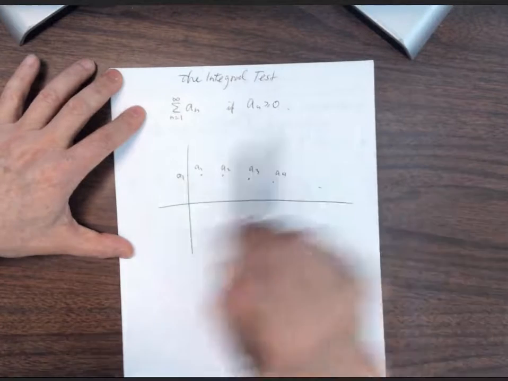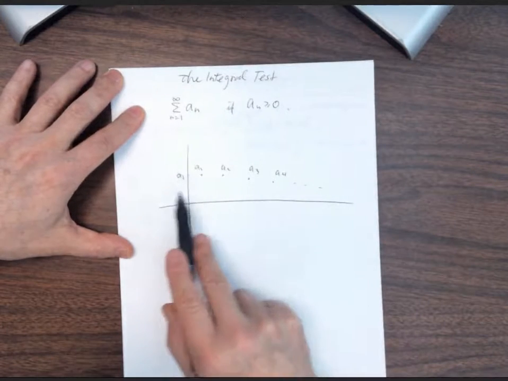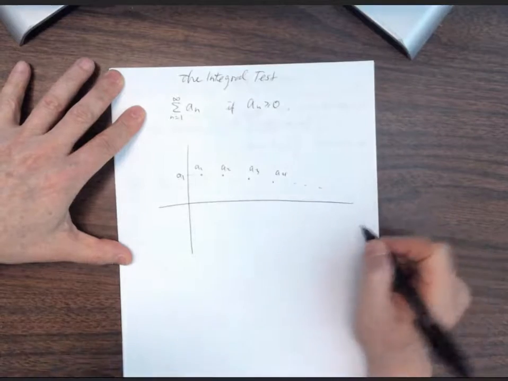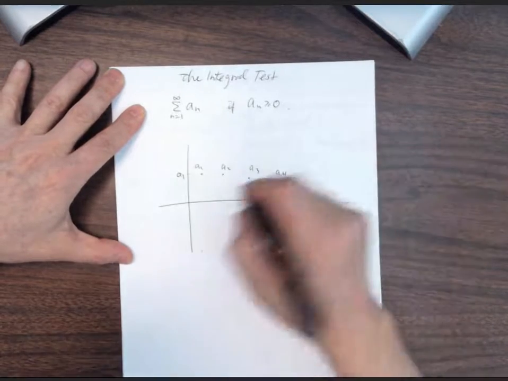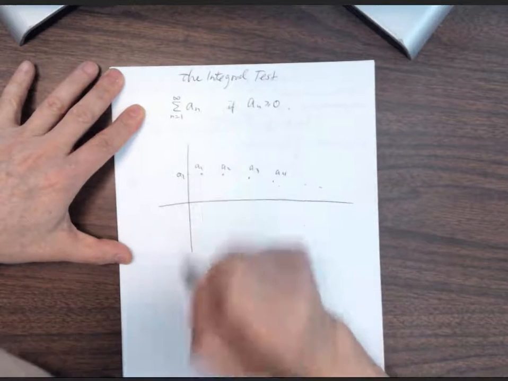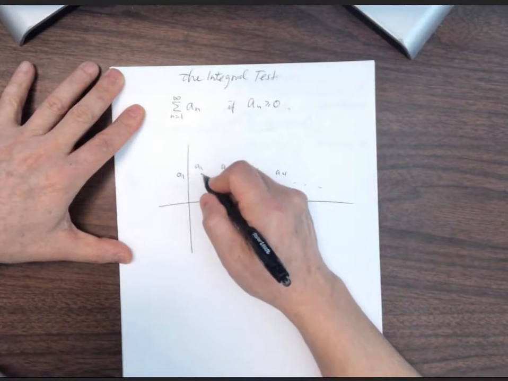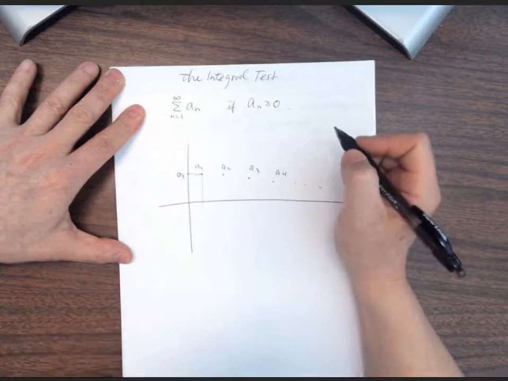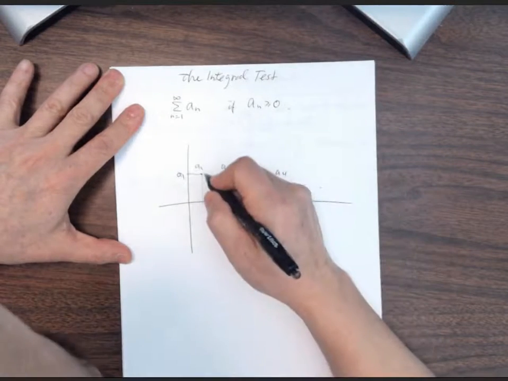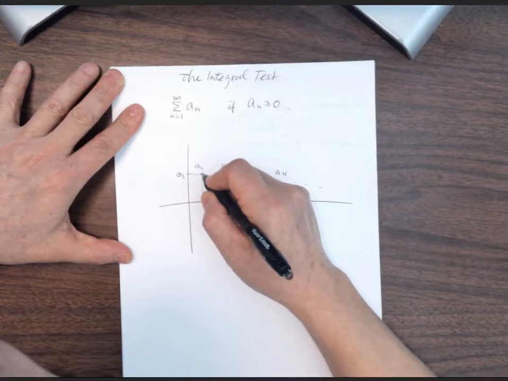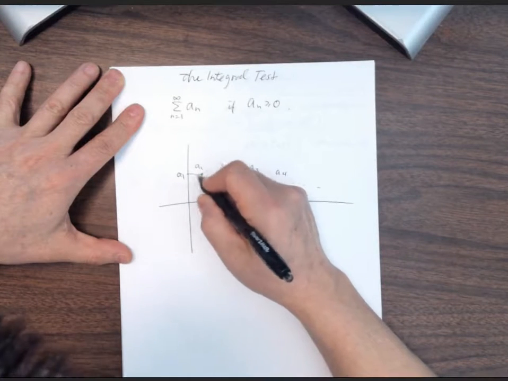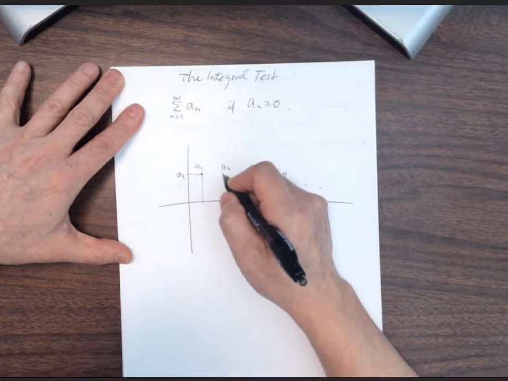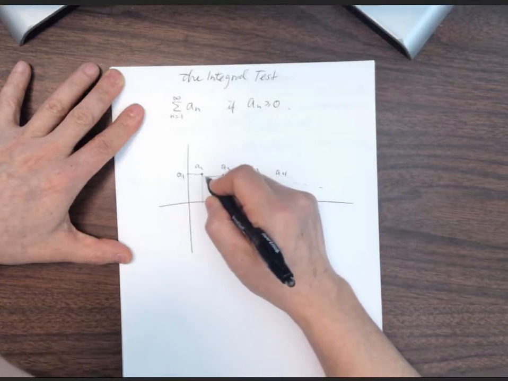Now, the value of this sum is the sum of those guys. In the coordinate system, let's create a rectangle using the height A1 for the rectangle, using this value to create another rectangle.